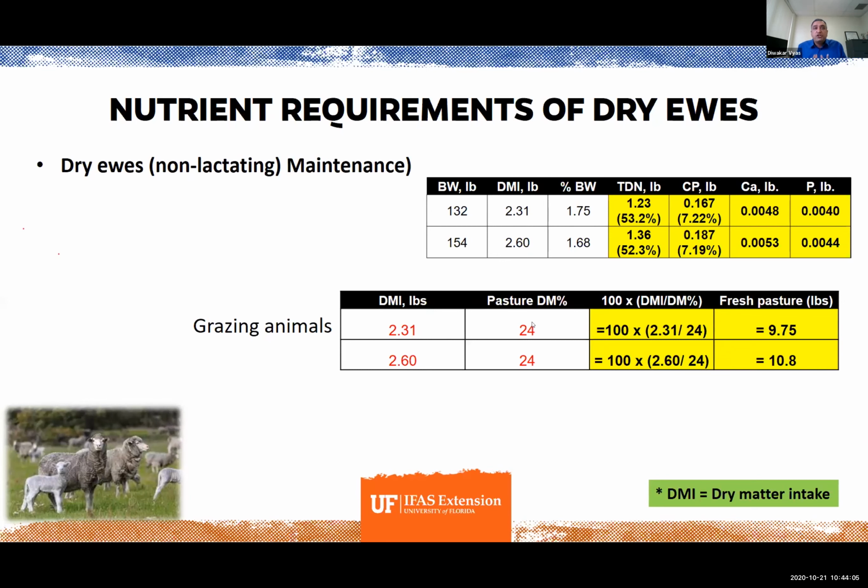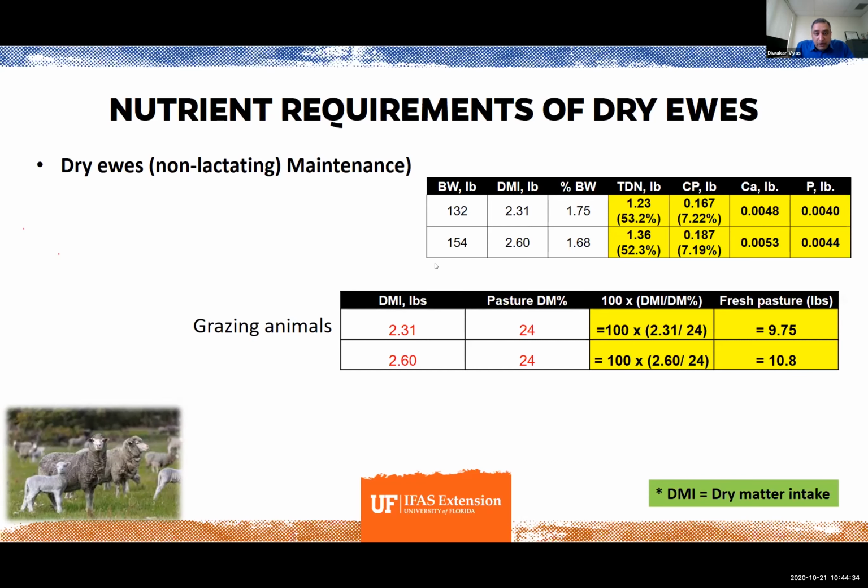So how much pasture should they consume to get 2.31 pounds of dry matter? I get 2.31 divided by 24%, which is 9.75 pounds. What that means is that if these animals are consuming 10 pounds of fresh pasture, they will get around 2.31 pounds of dry matter.